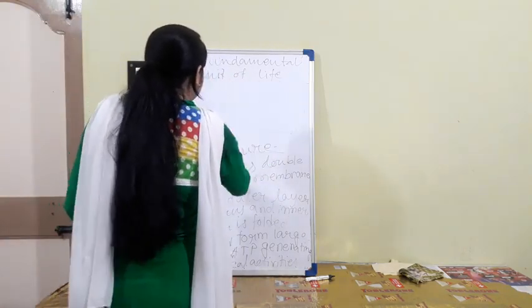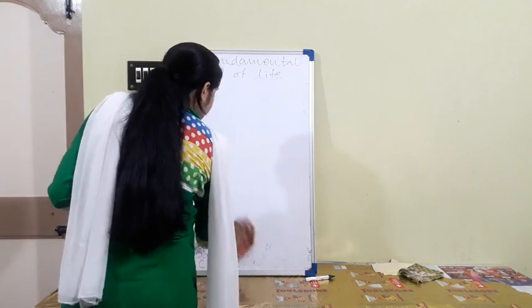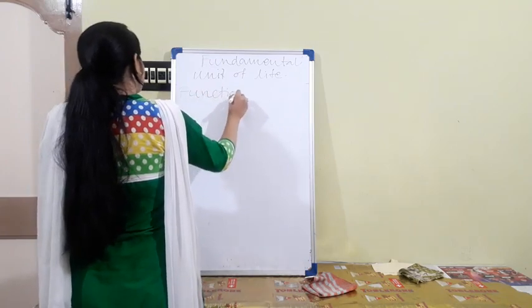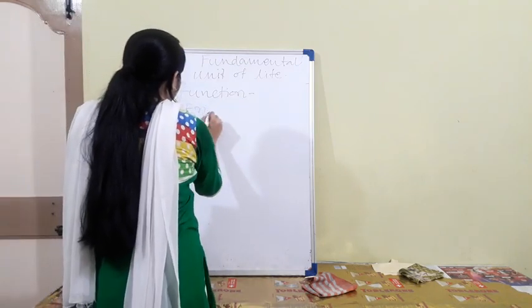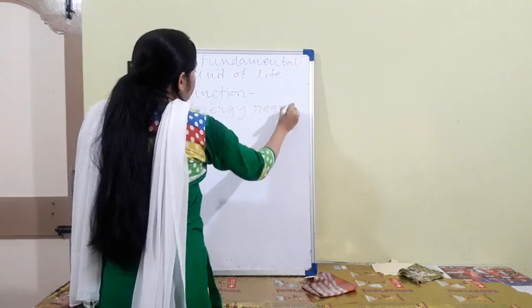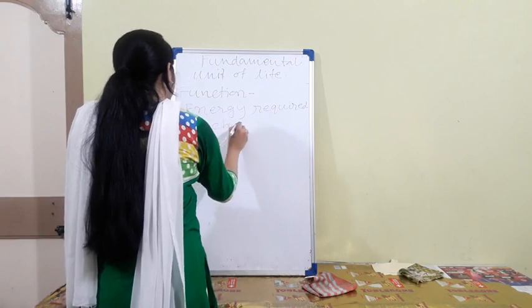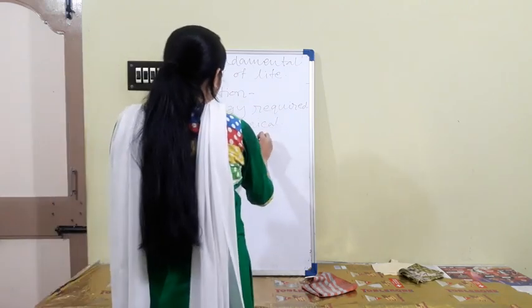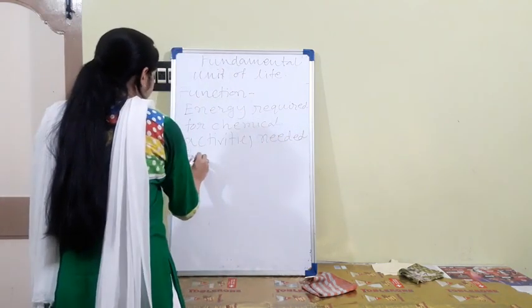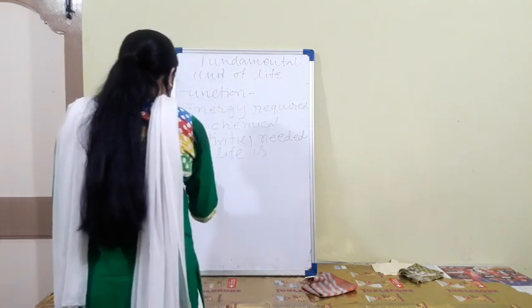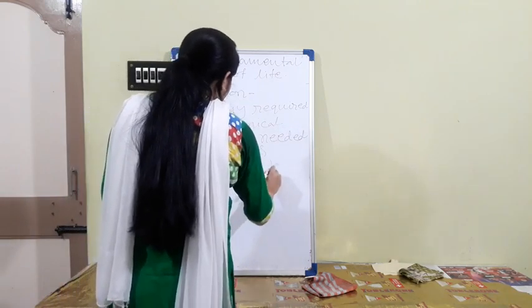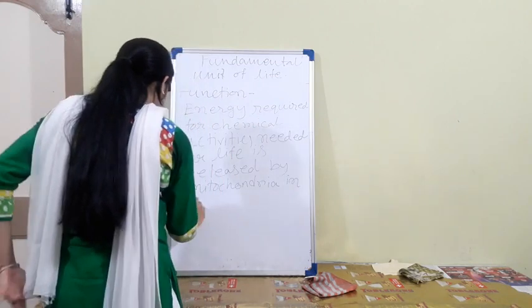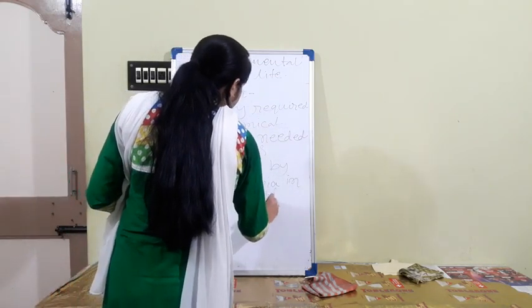What is the function of mitochondria? One function: energy required for chemical activities needed for life is released by mitochondria in the form of ATP.